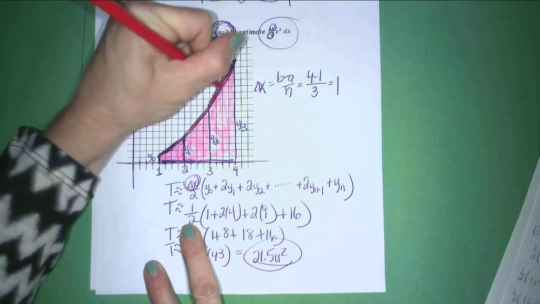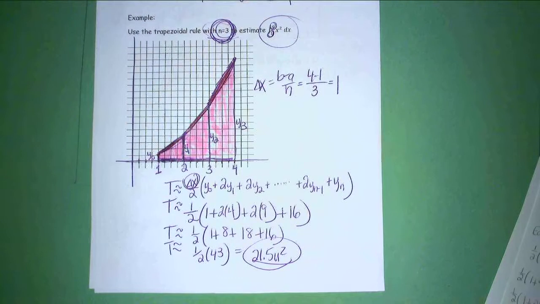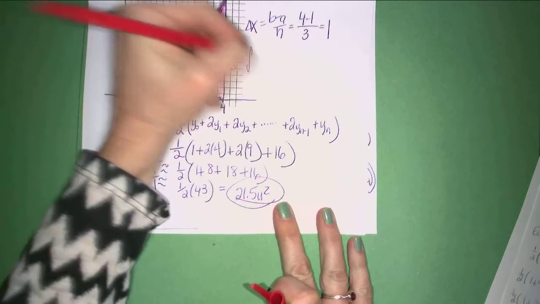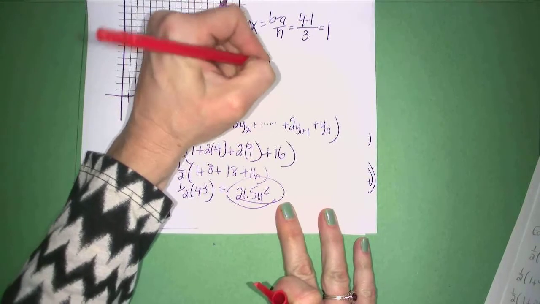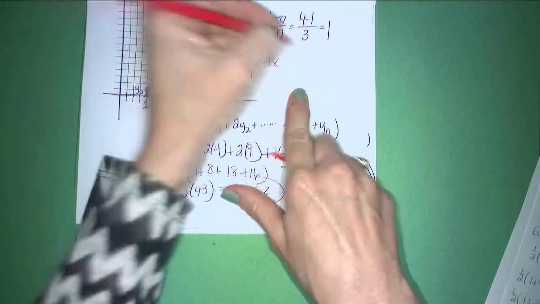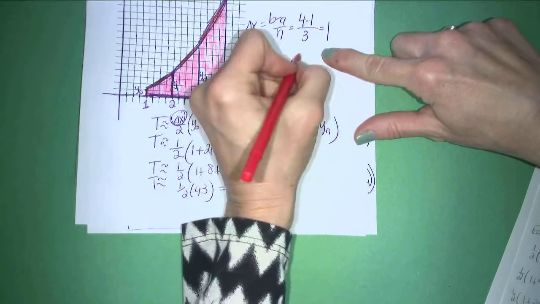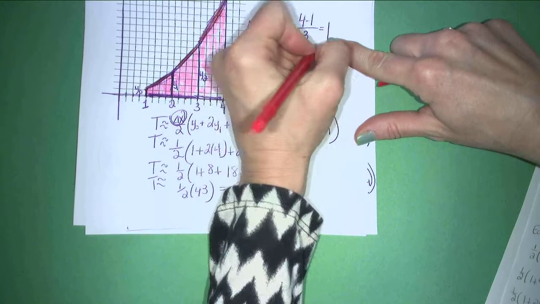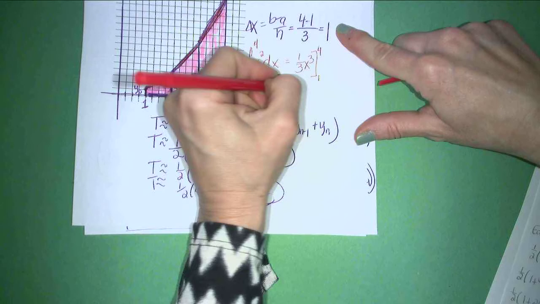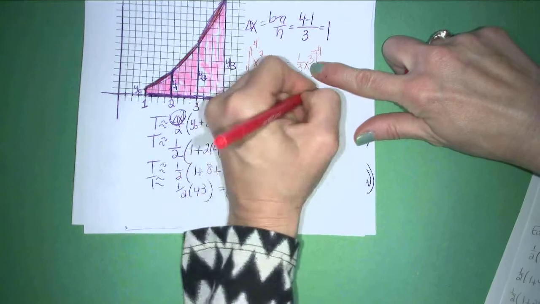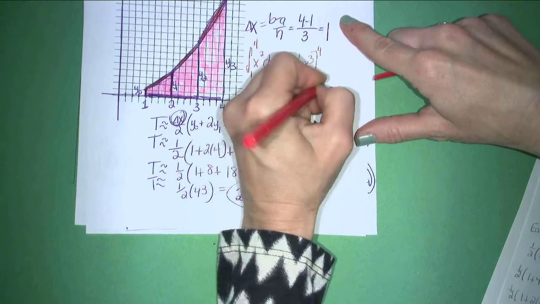Okay? If I was to use the mechanics of the fundamental theorem of calculus, I would see that if I anti-differentiate x squared with respect to x from 1 to 4, I would get 1/3 x to the third from 1 to 4, and if I plug the 4 in, I get 64/3 minus, plug the 1 in, I get 1/3.